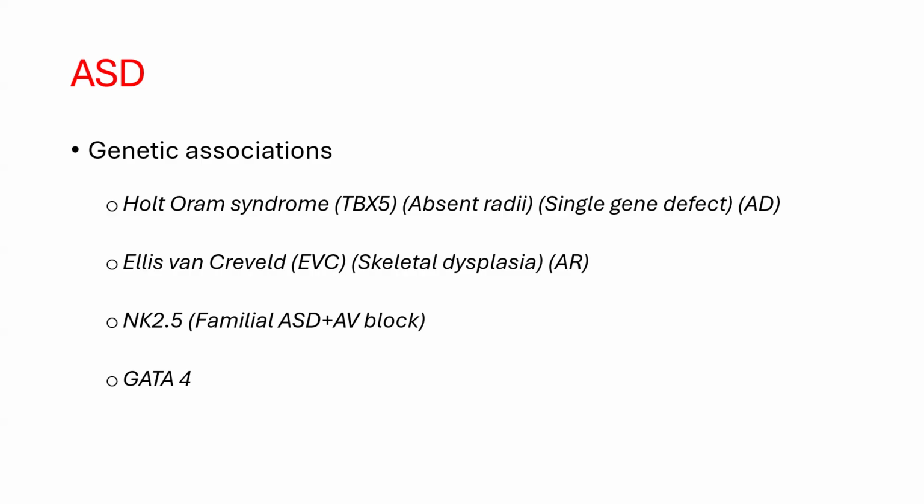And commonly we end up seeing a lot of first degree heart blocks, which is the natural progression with the dilating right atrium. But then, especially for Holt-Oram and then the EVCs, you can actually end up with complete heart blocks. Okay, and that's just because of the genetic makeup of the conducting tissue and the atrial septum.